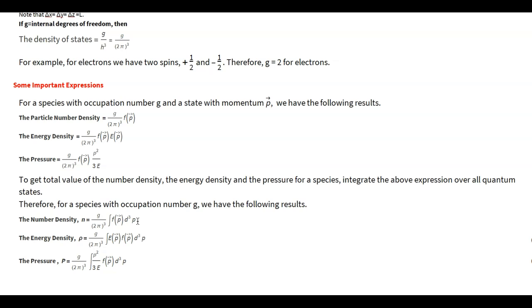We have dpx, dpy, dpz, that's why we have d cubed p. So summing over all states means integrating over the three-dimensional momentum space. From these three expressions, we get the total number density, the energy density and the pressure for that species whose occupation number is g.